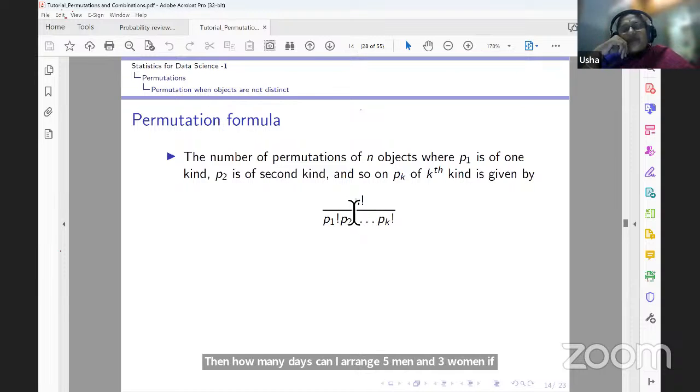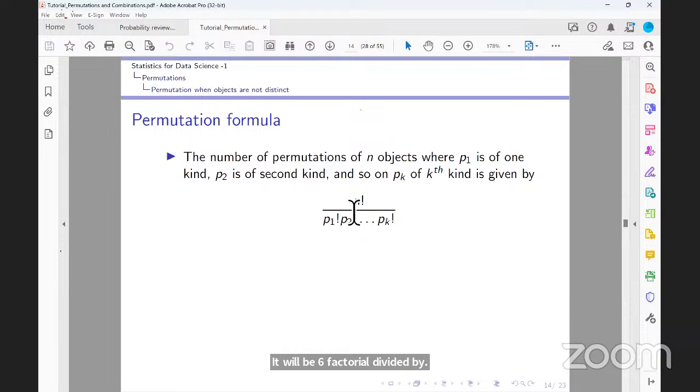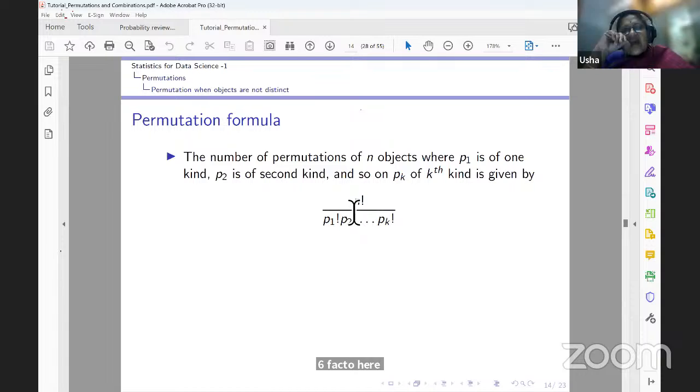Not divided, it is multiplied by 3 factorial. Do you get it? Is this clear? Yes, ma'am. It's just application of this formula. So far, so good? Yes, ma'am.